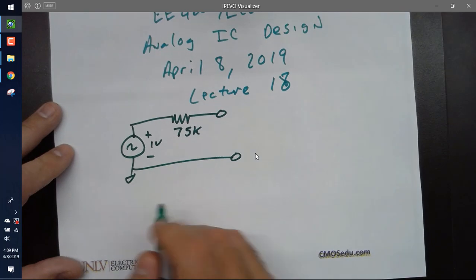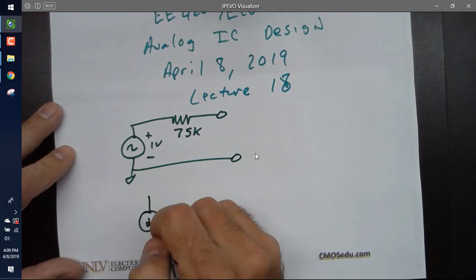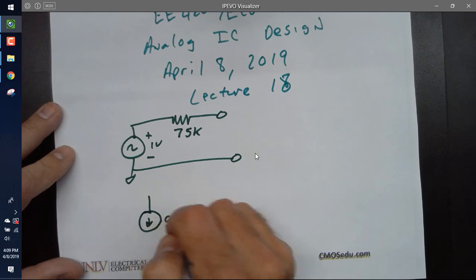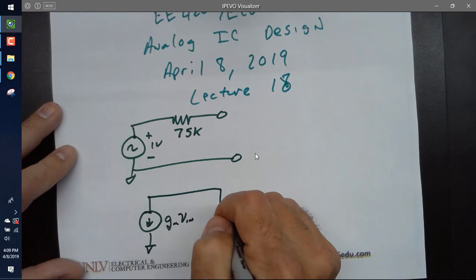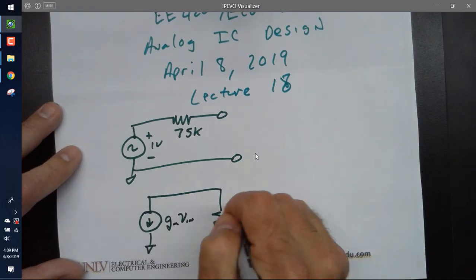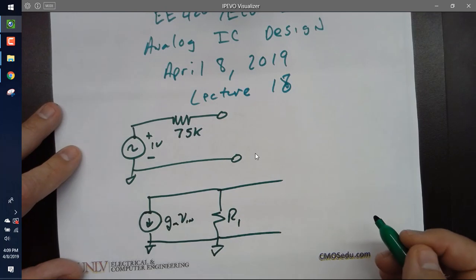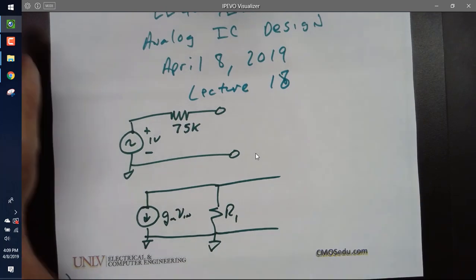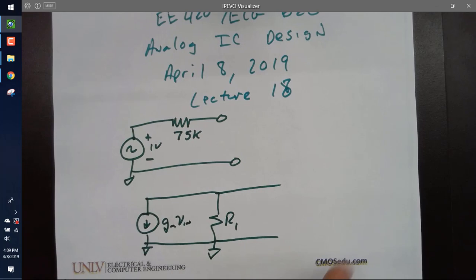Then would everybody agree that if I'm writing this as a current GM times VN, and this is my resistance R1. Let's do the easy one first.